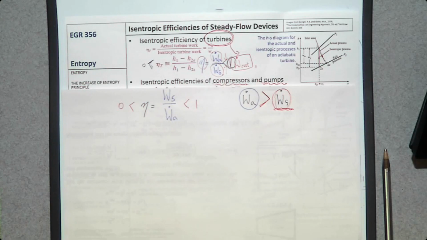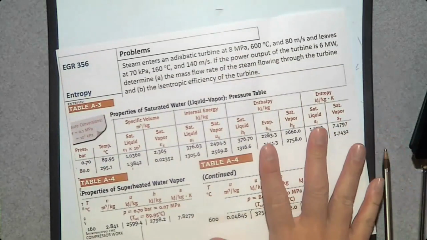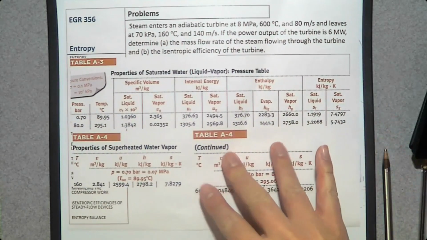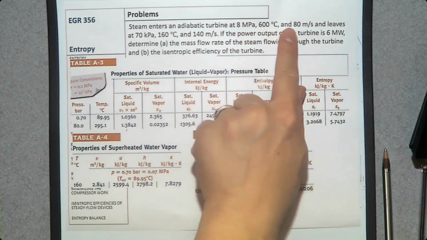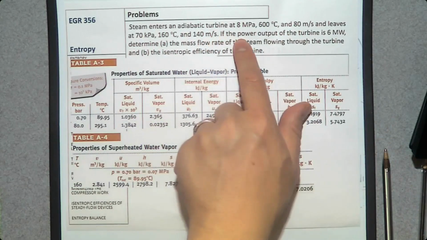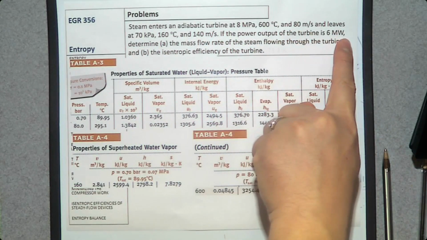So the concept of this isentropic efficiency is pretty simple. However, if you want to understand how we calculate it, the best way is to look at an example together. Okay? So we are going to solve this problem. We have an adiabatic turbine, and we have the information at the inlet and the exit, and we know how much power it produces, which is 6 megawatts.